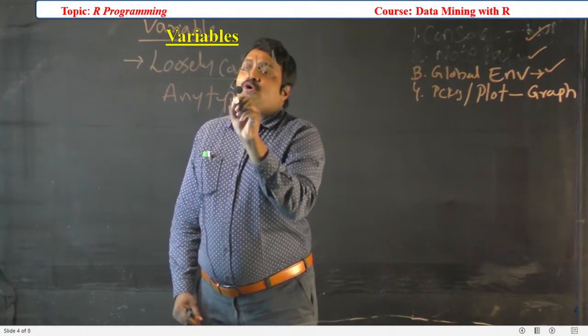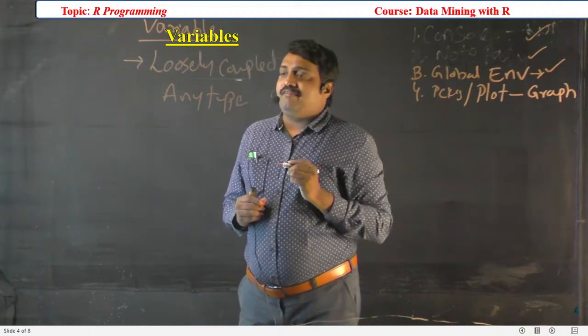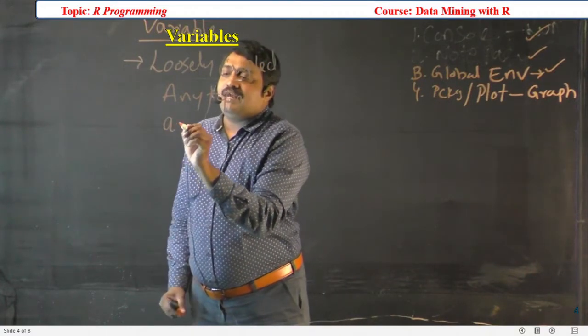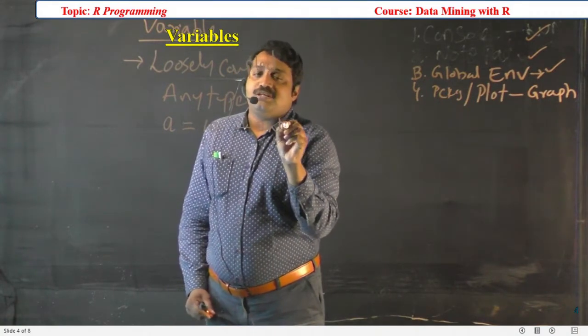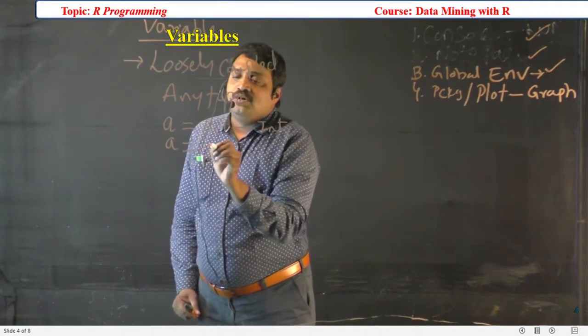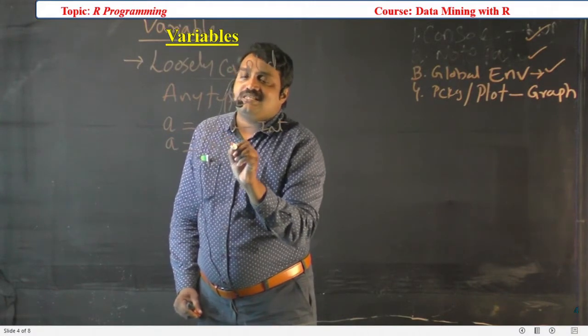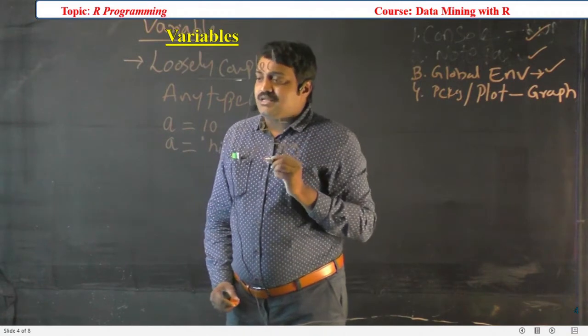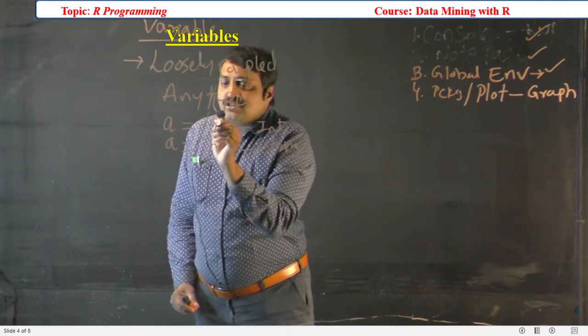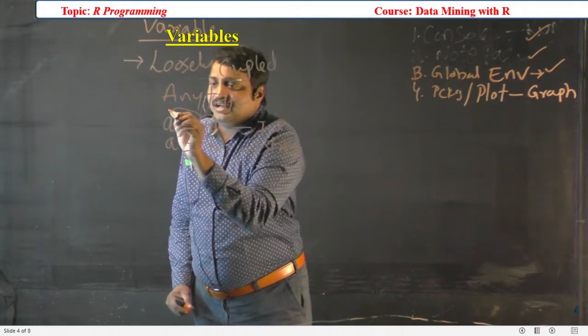Generally, in any programming language, when I create a variable a equal to 10, it is an integer type. If I create a equal to hi, it is a string or character type. That is tightly coupled: based on the value, the type of a is fixed.